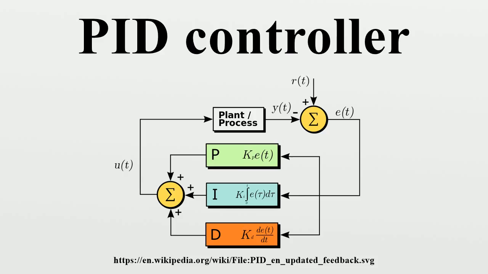The choice of method will depend largely on whether or not the loop can be taken offline for tuning, and on the response time of the system. If the system can be taken offline, the best tuning method often involves subjecting the system to a step change in input, measuring the output as a function of time, and using this response to determine the control parameters.